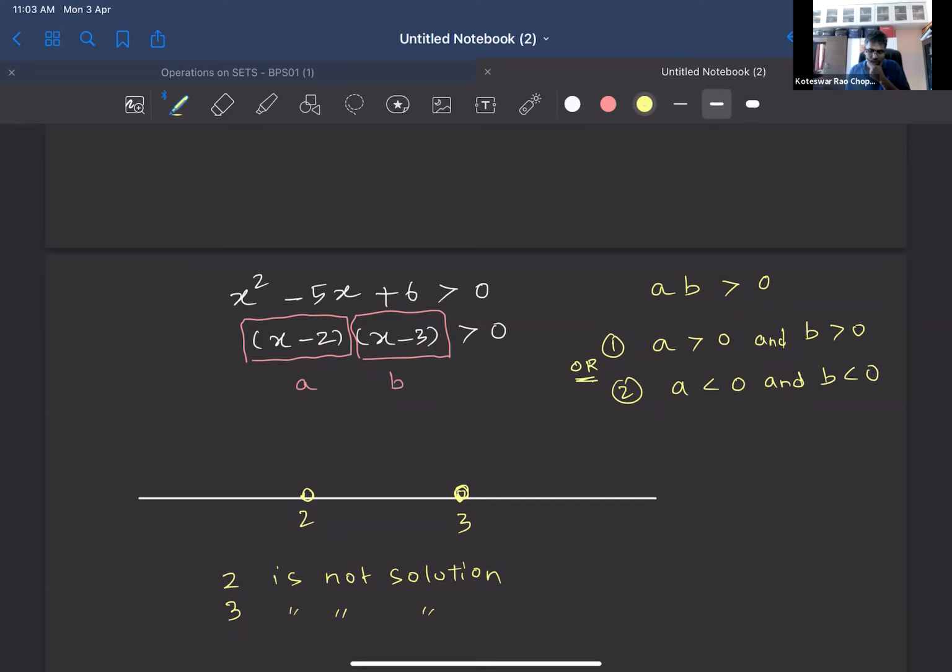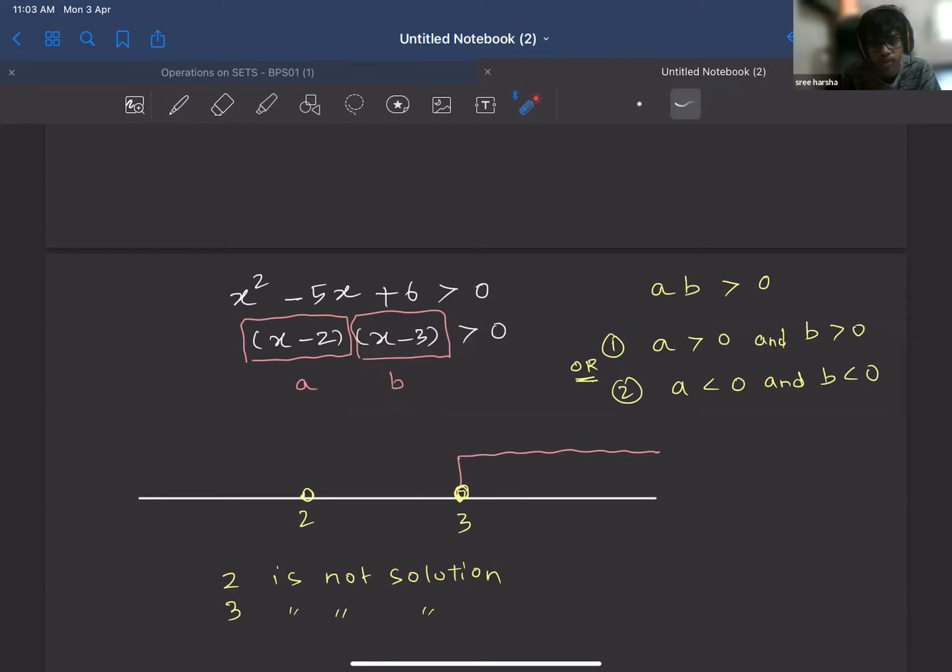Now think about this. If you take any value to the right of 3, it is going to make your b, which is x minus 3, positive, right? Because 3 is greater than 2, even a, which is x minus 2, will also be greater than 0. So I have two positive values.